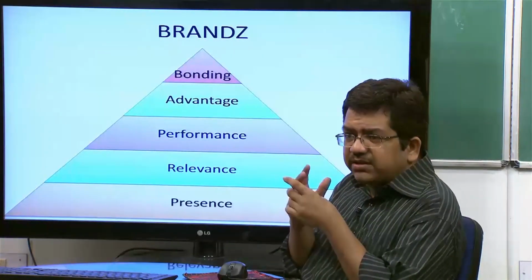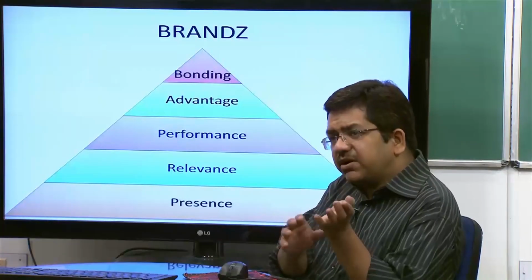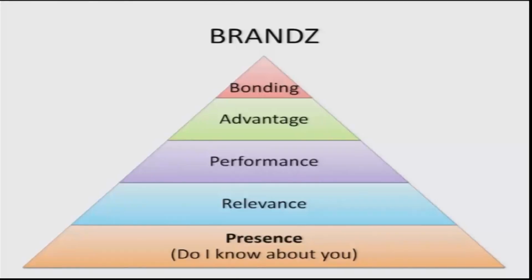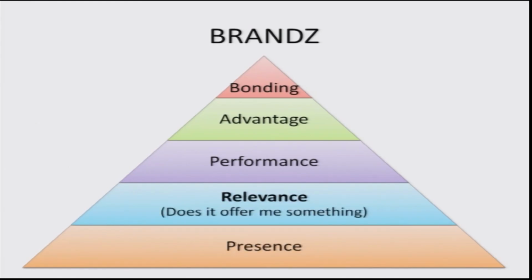The first step, presence, is very similar to salience or the identity part of the brand resonance model, where the customer answers the question, do I know this brand. The second part is relevance, that is, does it offer me something. I may know about a particular brand, but is it really meaningful to me. That is what relevance is.